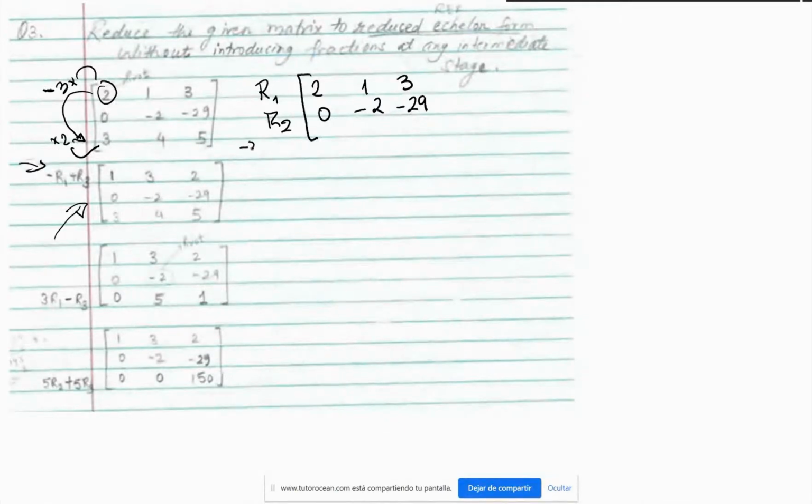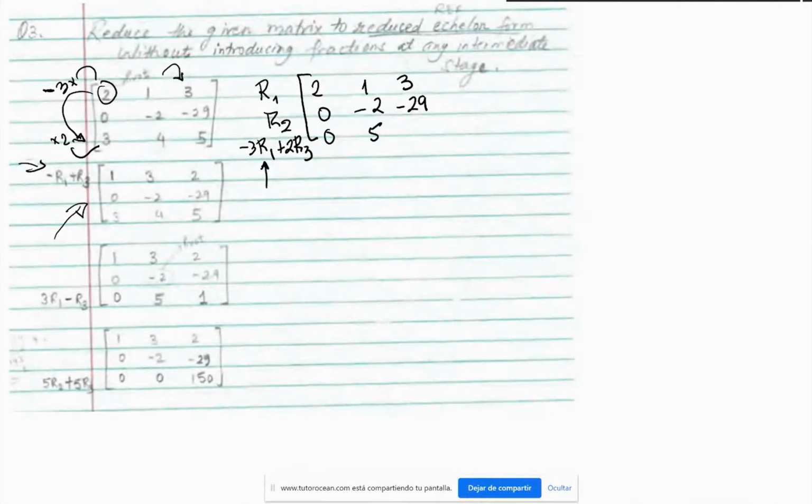Then I say minus 3 row 1 plus 2 row 3. This is the one with the pivot. I'm going to say 0, okay? Minus 3 times 8 is a 5.